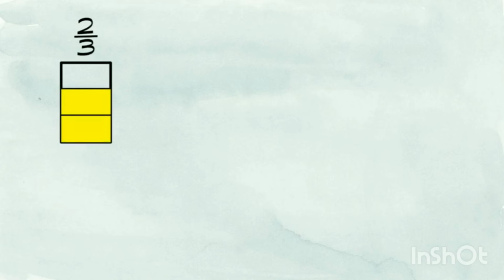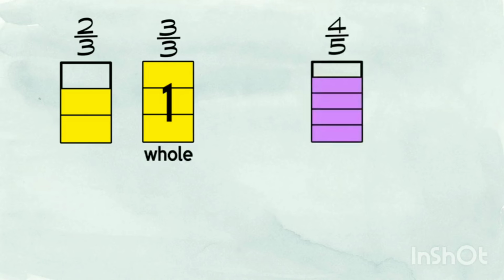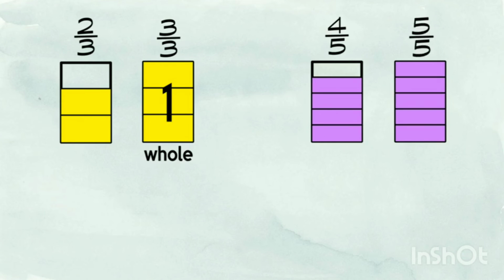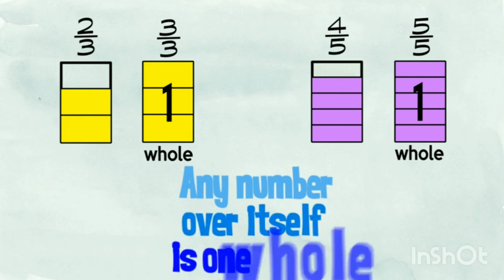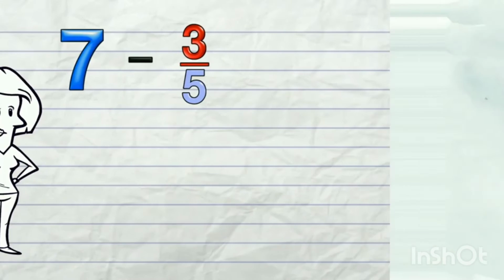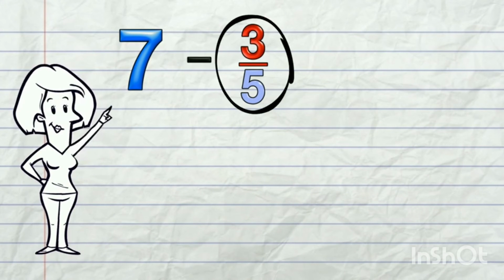Here's 2/3 and this is 3/3. It's one whole. Here's 4/5 and this is 5/5, one whole. Any number over itself is one whole. In our problem, we have to subtract 3/5.